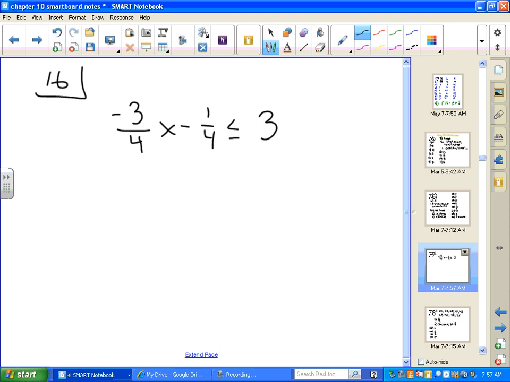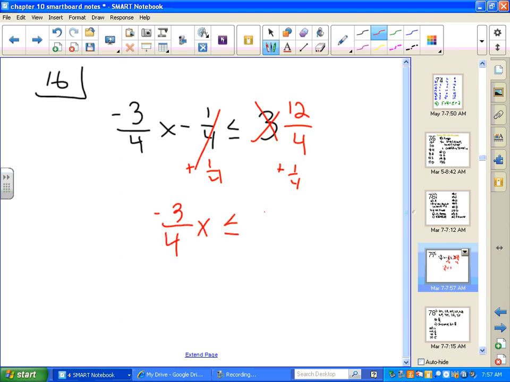Okay, Annalise, before you moved 1/4 to the other side, what did you change 3 to be? Okay, so then you added 1/4 to both sides, right? Okay, so you get negative 3/4 x less than or equal to 13/4. You still had that negative there? Okay, you just forgot about it, but we'll keep going. So the next thing is multiply both sides by 4. Did you do that? Okay, so 4 over negative 3.